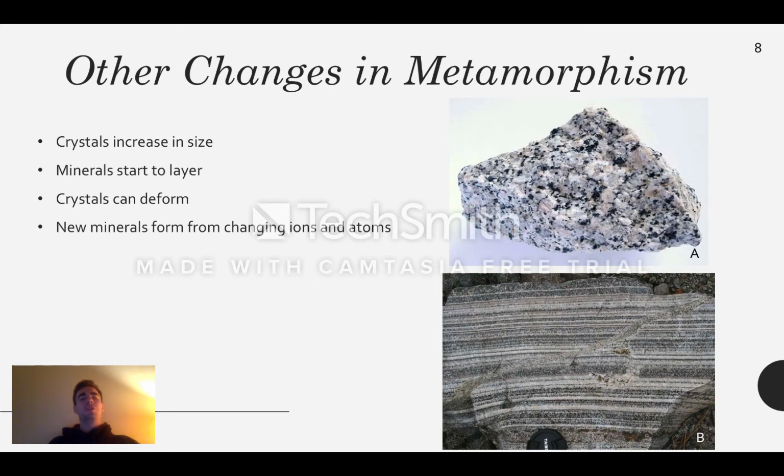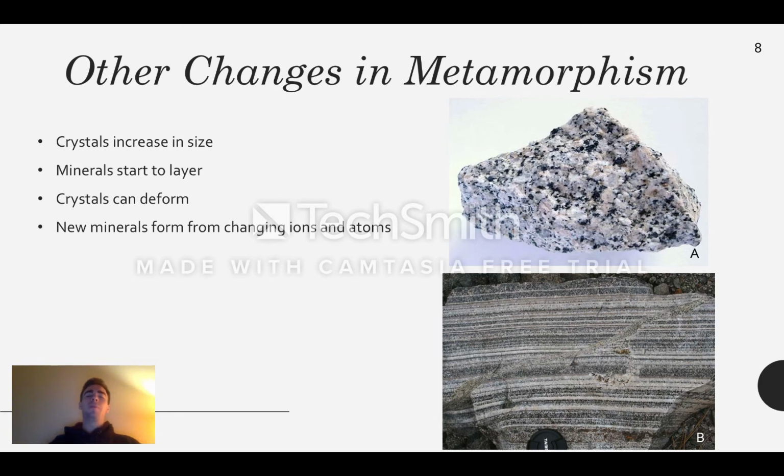Then there are other changes we haven't talked about that still happen with metamorphism, such as an increase in crystal size. Minerals start to layer, as you can see in Figure B, where the pressure causes the rock to conform and layer.